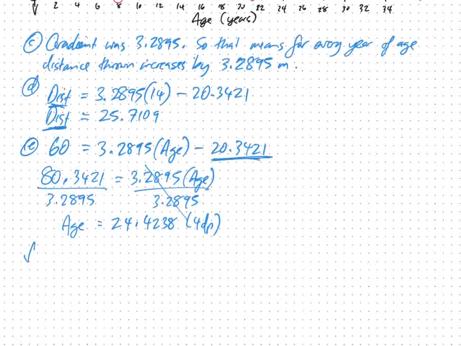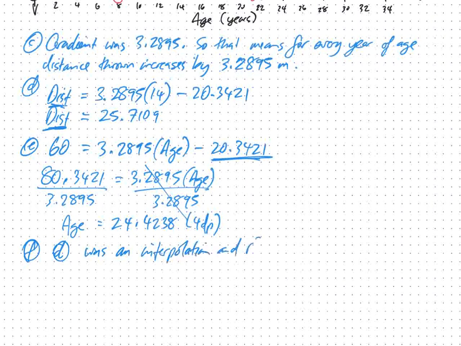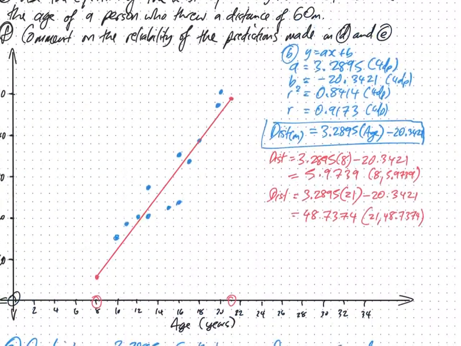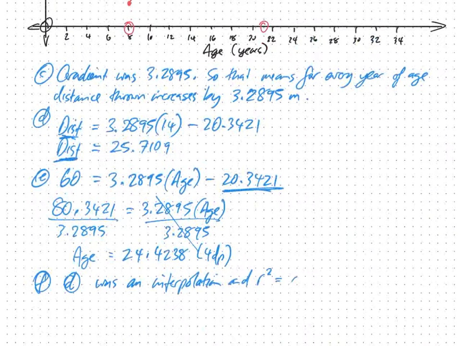So we've already spoken about the reliability of those things. So let's comment. F, D was an interpolation, and R squared is equal to 0.8414. And according to your textbook, I wish I'd had it open previously, 12 general maths, statistics, and also I need to write R because that's how we interpret the strength actually.